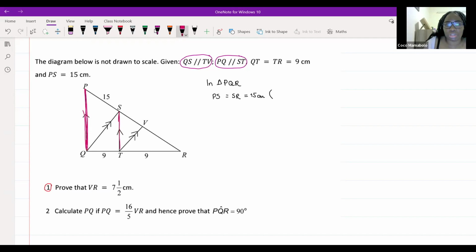PQ is parallel to ST. Now, when they've given me parallel lines, am I using the midpoint theorem or the converse midpoint theorem? Correct. I'm using the converse because they haven't told me that all my sides are equal.